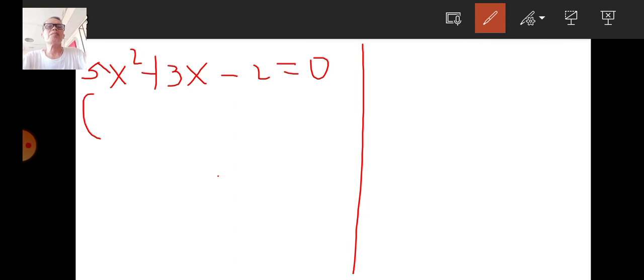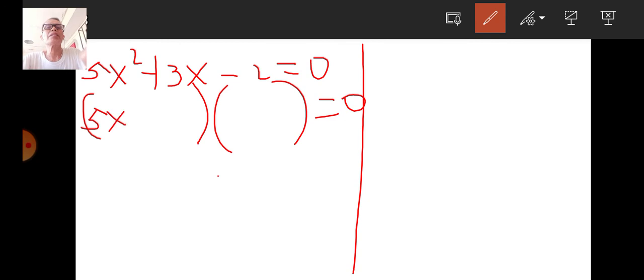So, factor out. So, you have the factors of 5x squared is 5x times x. And the factors of 2 is 2 times 1.